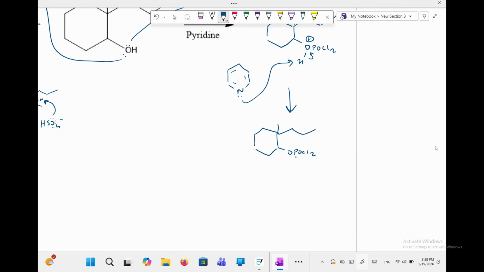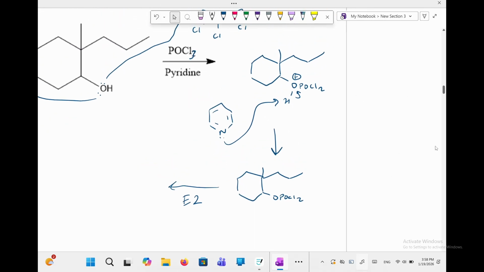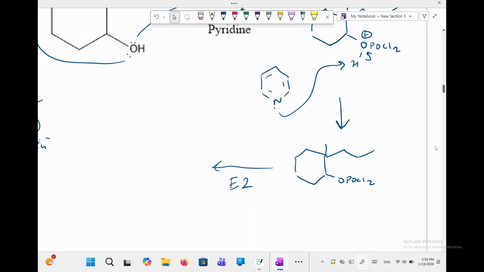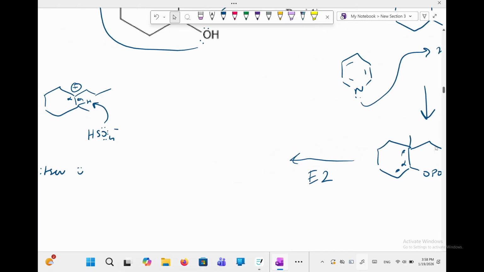POCl2 is a good leaving group, but because we have pyridine, it's going to undergo E2. Usually when we talk about E2, we do get a mixture, but in this case, we actually just get the Zaitsev. Whichever adjacent carbon has beta hydrogens, we'll pull from. So there's the alpha, these two are the betas.